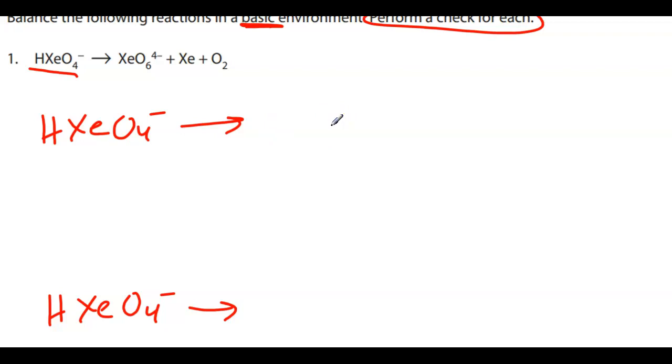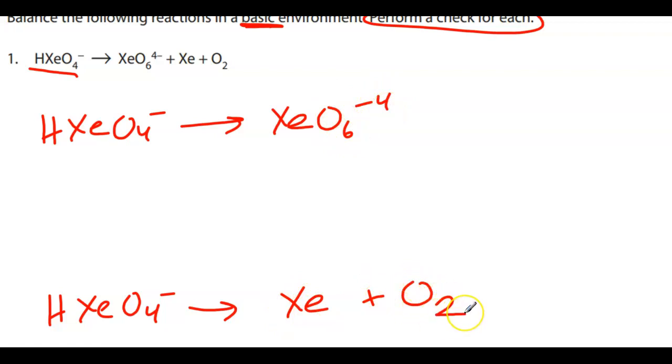You have to look to see what elements are involved. But they all have xenon and oxygen. So you can do this in a few different ways. I'm going to put this guy up here and these two down here.